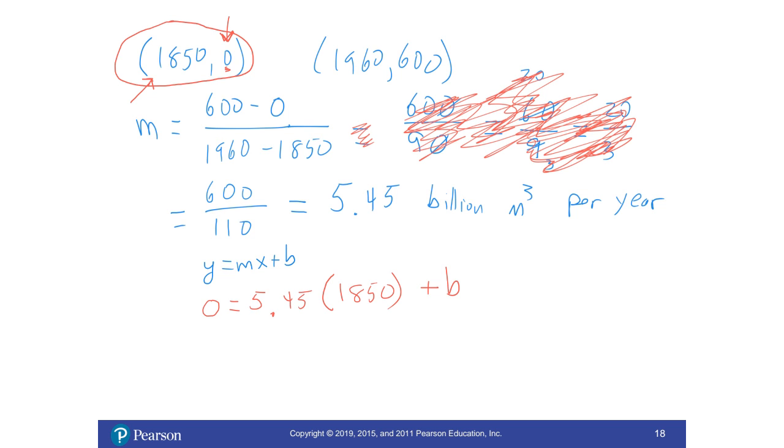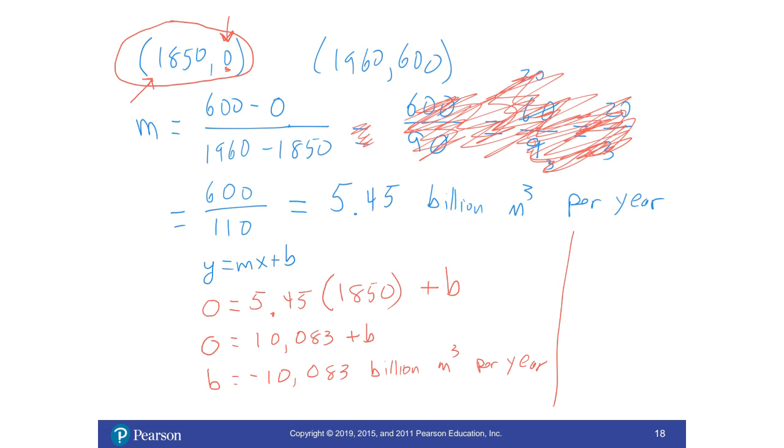So if you do the multiplication, that's going to be 0 equals 10,083 plus b. And then if you take that 10,083 to the other side, you're going to get that b is equal to negative 10,083 billion cubic meters per year.